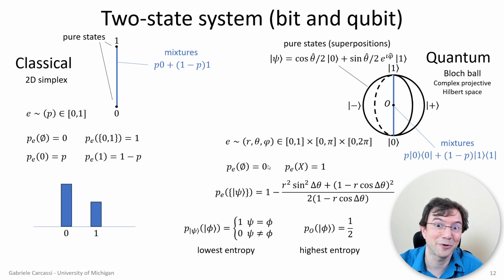If we have the full space, of course it is 1, because with a convex combination of the points we can always get to the actual ensemble. And if we instead take any point on the surface, we get this expression that depends on the radius where you are and the difference in azimuthal angle between E and theta.